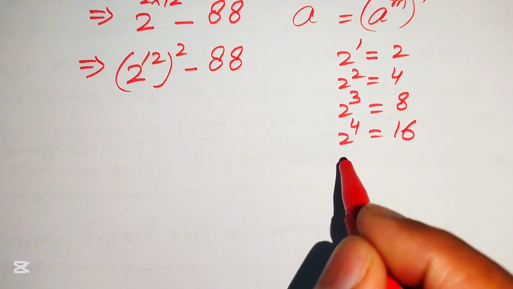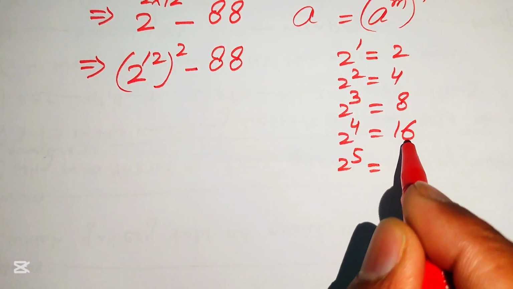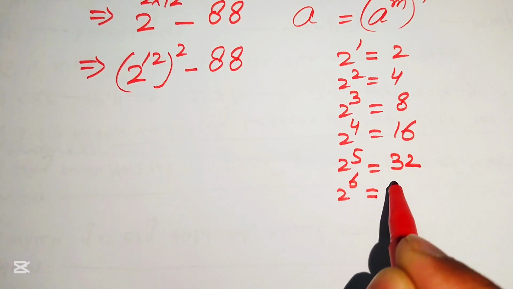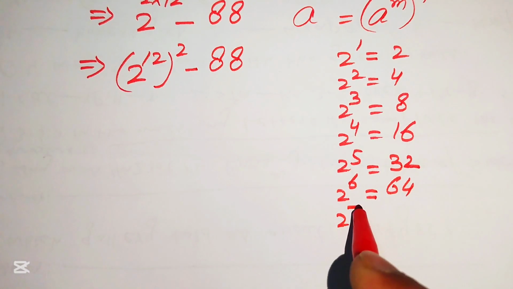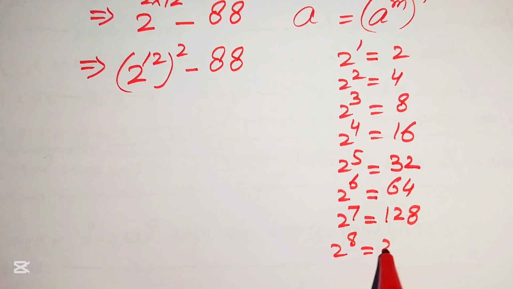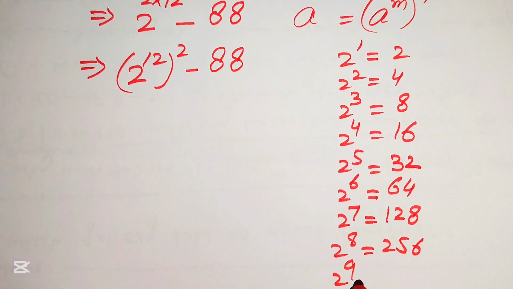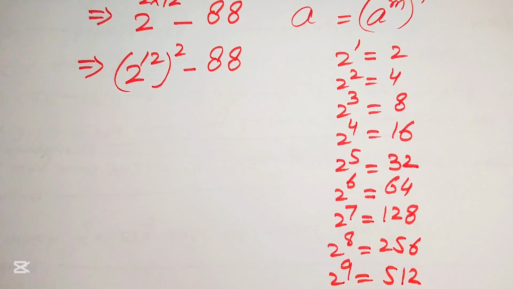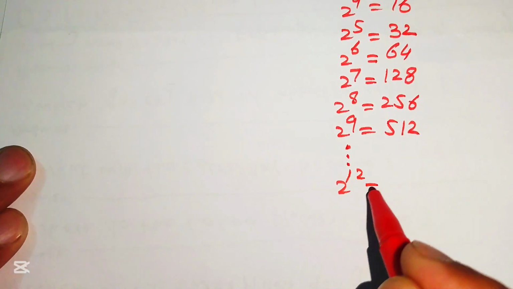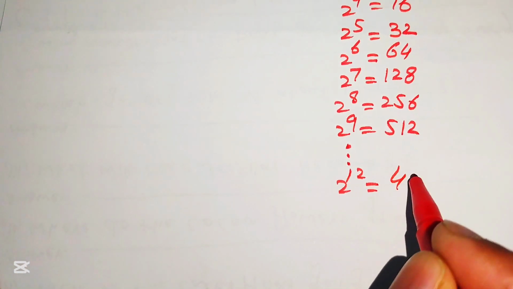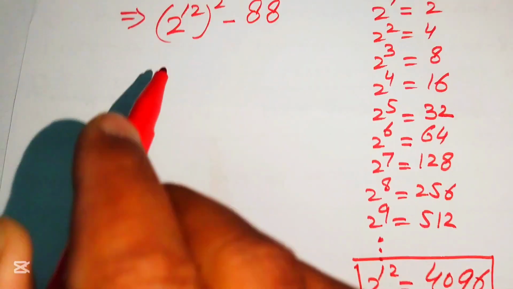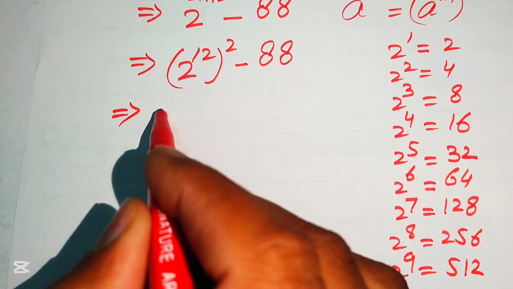So 2 to the power of 5 is 16 times 2, which is 32, 2 to the power of 6 is 64, 2 to the power of 7 is 128, 2 to the power of 8 is 256, 2 to the power of 9 is 512. Similarly, in the same pattern, we easily get 2 to the power of 12 equals 4096.